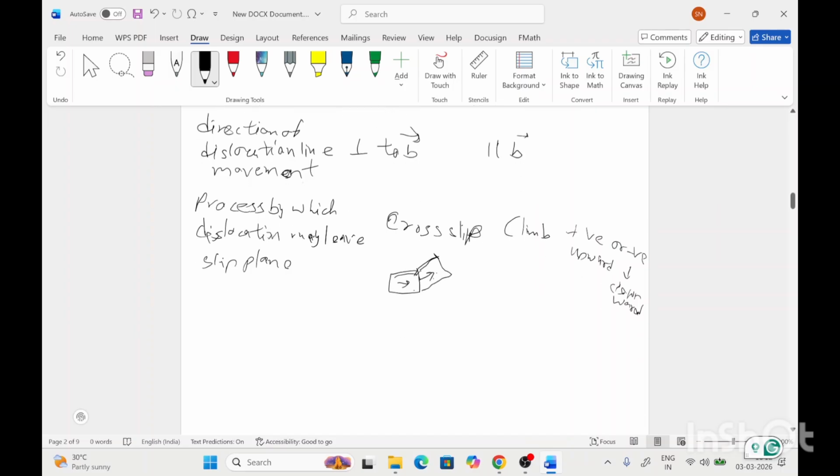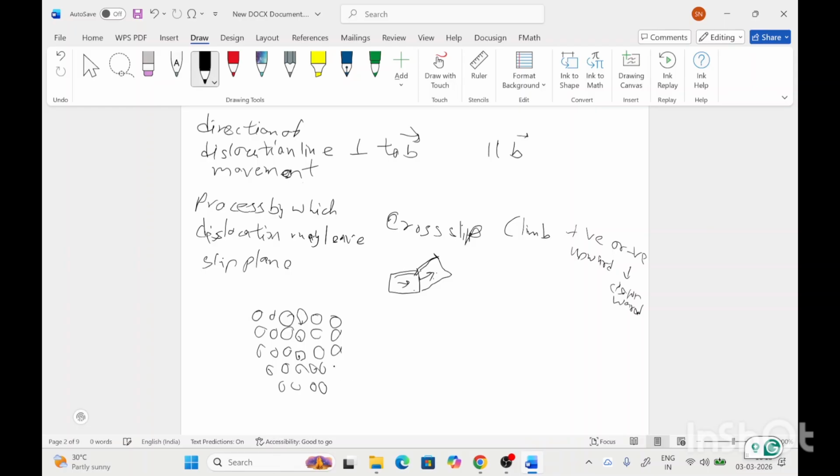We know that the dislocation is an extra half plane.